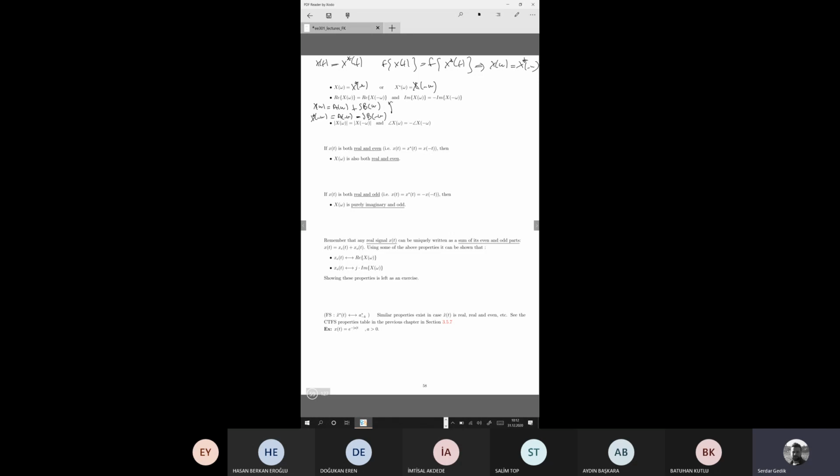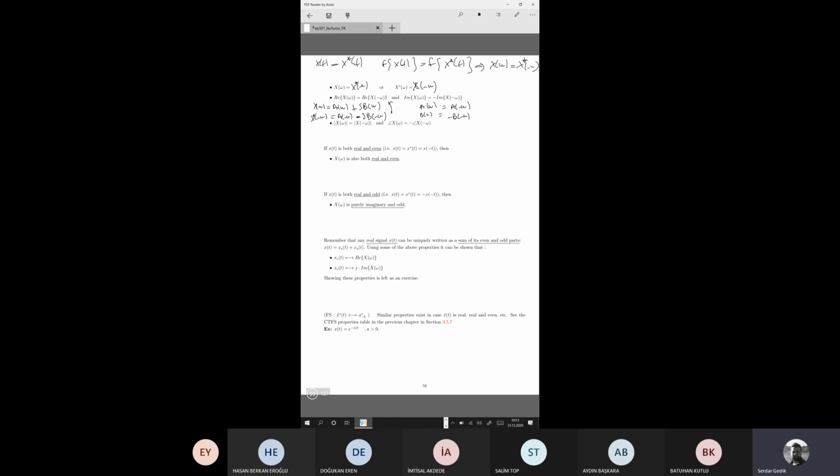So if those two are equal, then it means that a of omega is equal to a of minus omega, and b of omega is equal to minus b of minus omega. So if both complex numbers are equal, their real and imaginary parts must be equal as well.